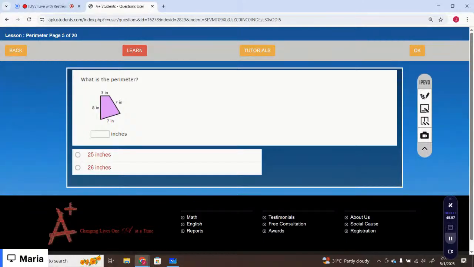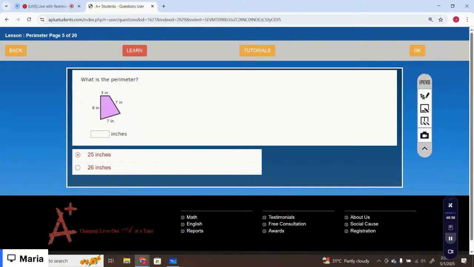What is the perimeter? Which is the correct option? Twenty-five inches.